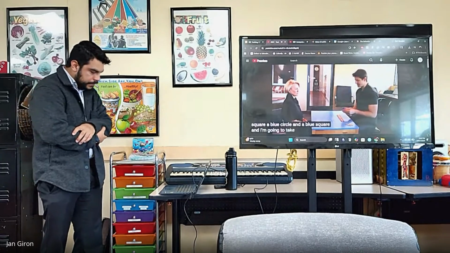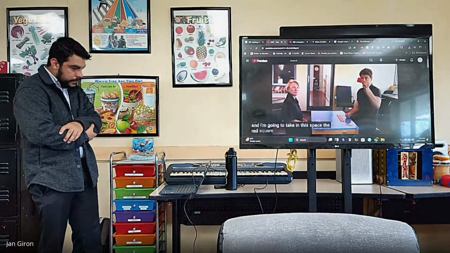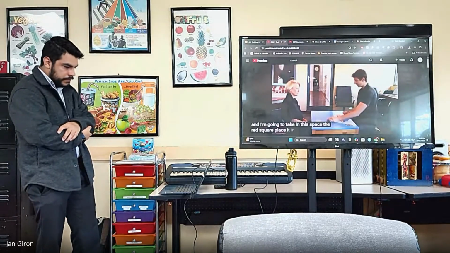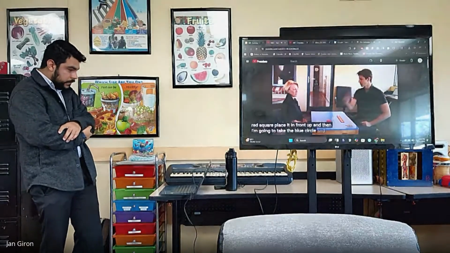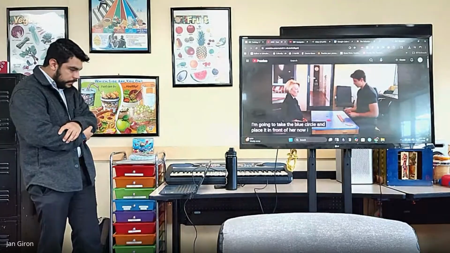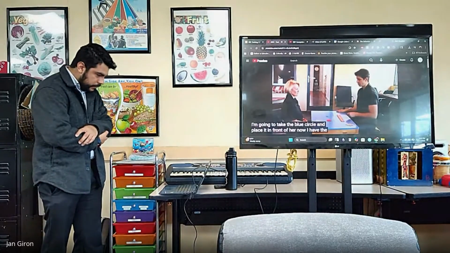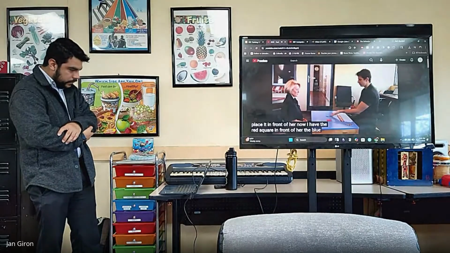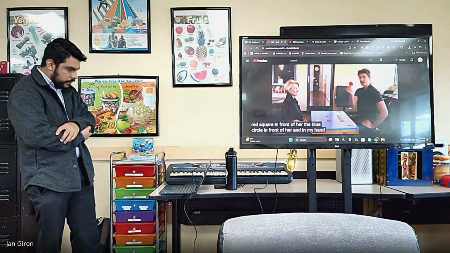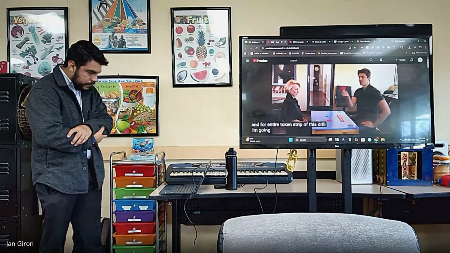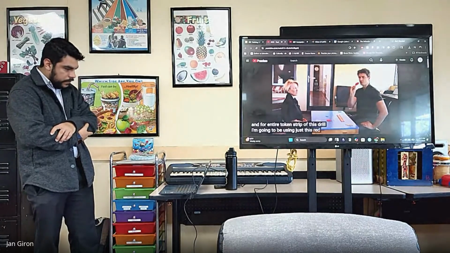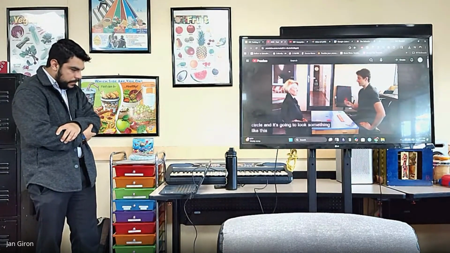I'm going to take, in this case, the red square, place it in front of her, and then take the blue circle and place it in front of her. In my hand, and for the entire token strip of this drill, I'm going to be using just this red circle, and it's going to look something like this.